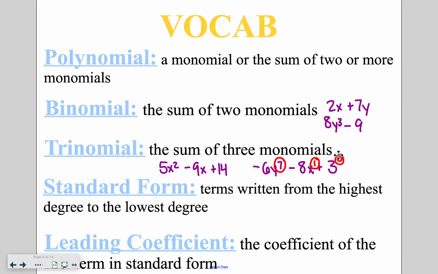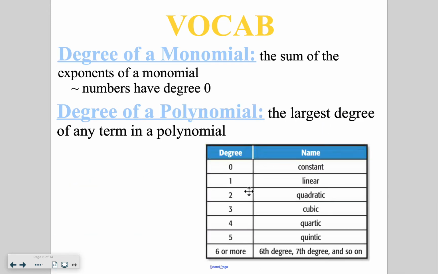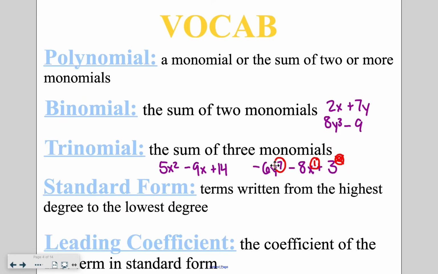So it's not actually to the 0 power, but it's a 0 degree because it does not have a variable with it. The degree of a polynomial then is the highest degree of a monomial. So this one we've got negative 6y to the 7th, so this would be a 7th degree trinomial. The leading coefficient then is the first number when it is written in standard form. So in that case, it would be negative 6.